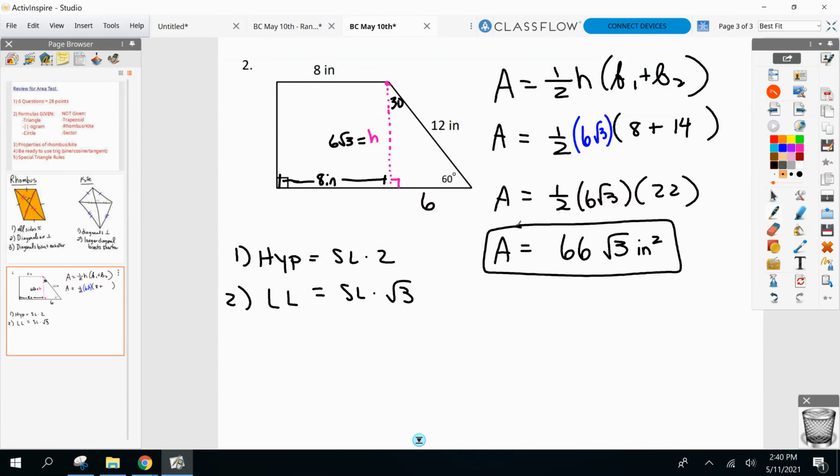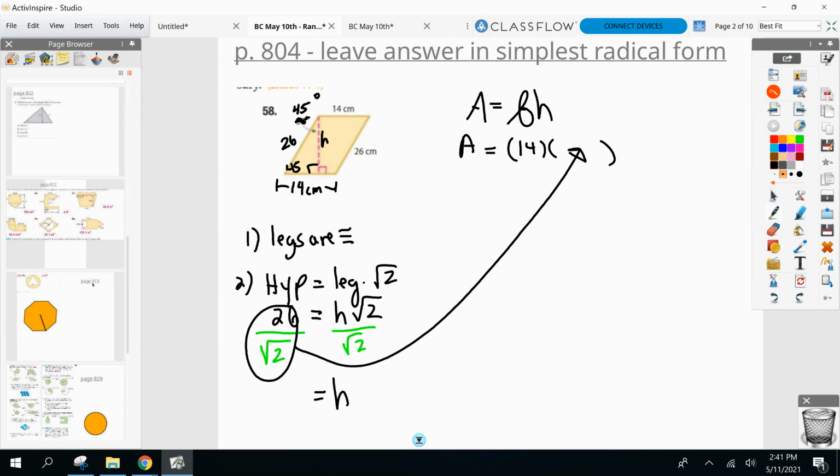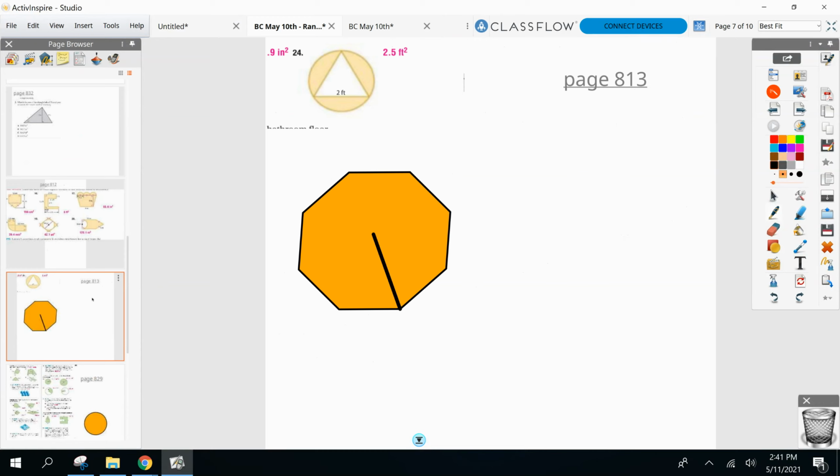Other questions, go ahead. We're okay. Where did I have it here? The regular figures, regular hexagon, octagon: multiply the area of one triangle times how many triangles there are based on the figure.